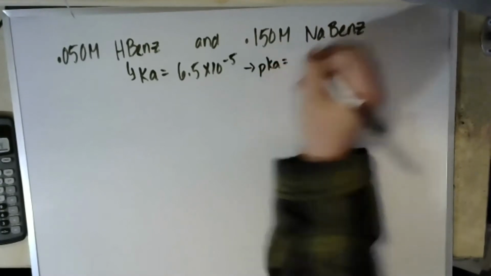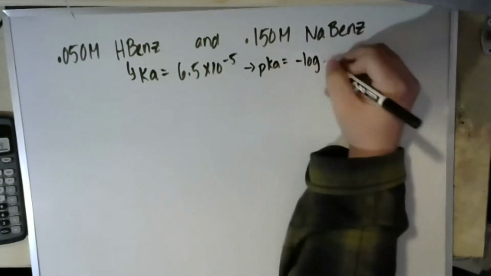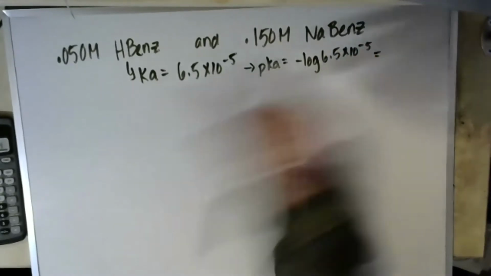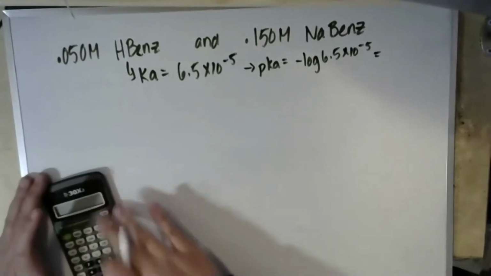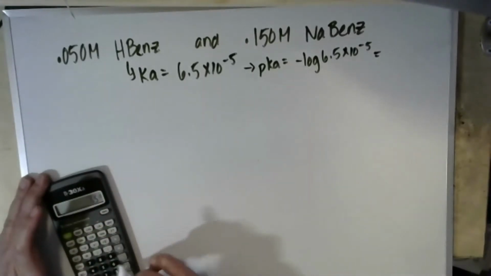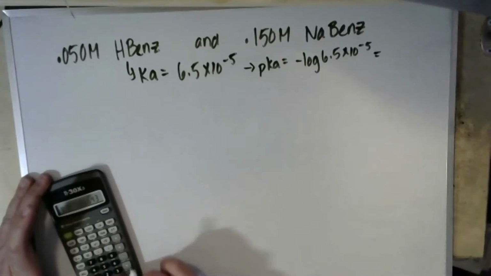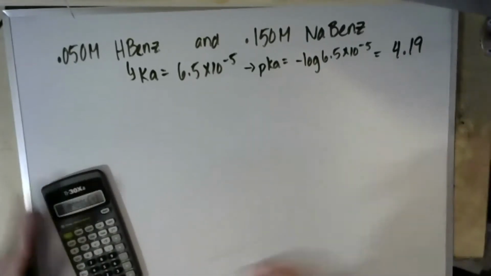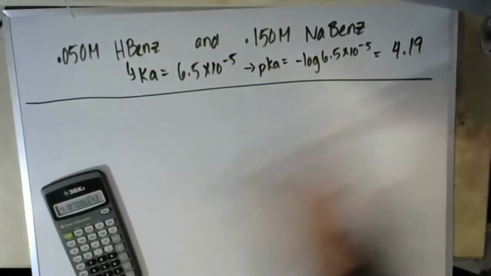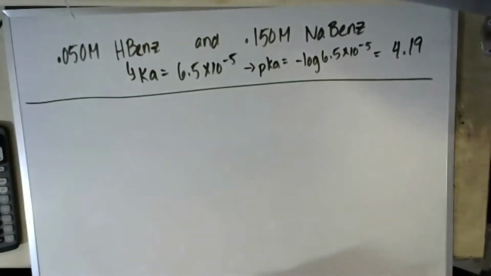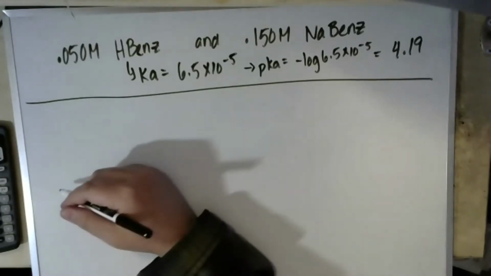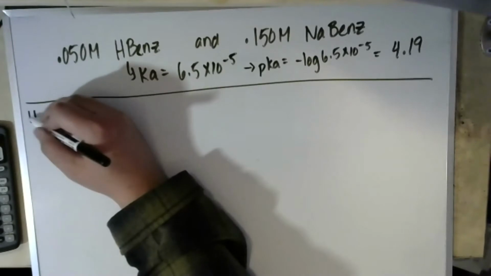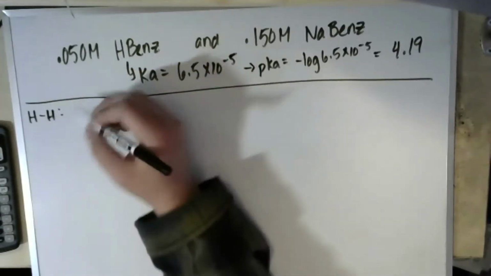So the pKa is going to be the negative log of 6.5 times 10 to the negative 5, and that's 4.19. Now I'm going to set this up both ways. I'll solve the Henderson-Hasselbalch first because it's a little shorter.